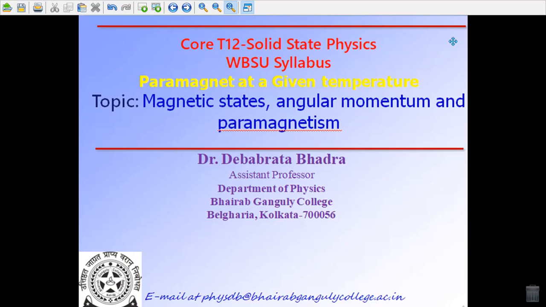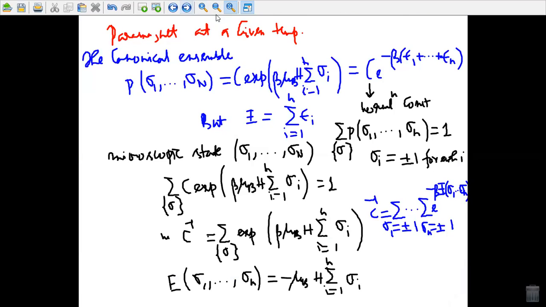For example, N is equal to 10 to the power 23 and small n is equal to 10 to the power 20, so that we may consider the rest a heat bath. The probability for these spins to have values sigma 1 to sigma n will be the product of the probabilities for the single spins, since as long as small n is far greater than 1, there are no correlations, and we have learned that the constraint of a constant energy vanishes when small n is very large.